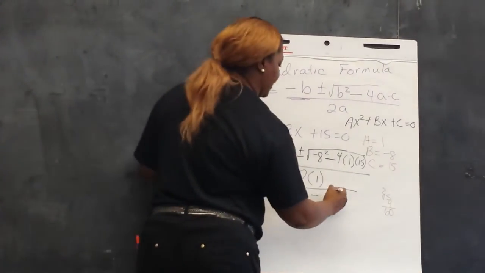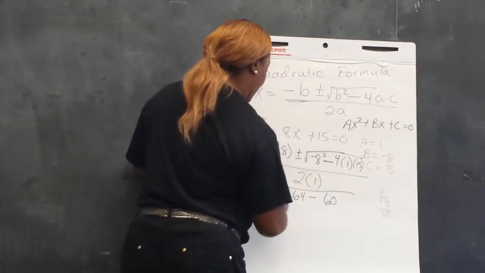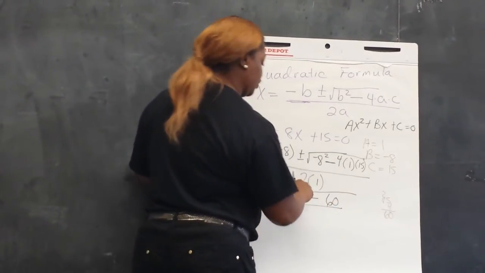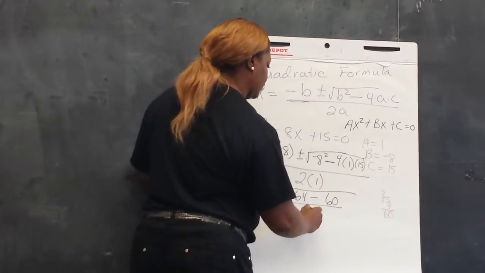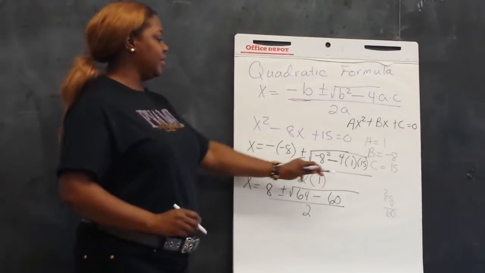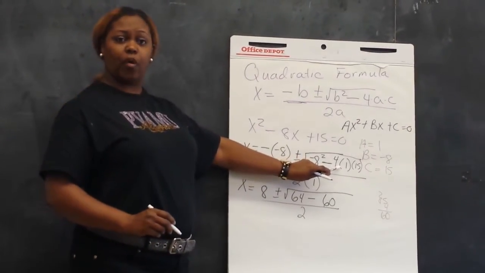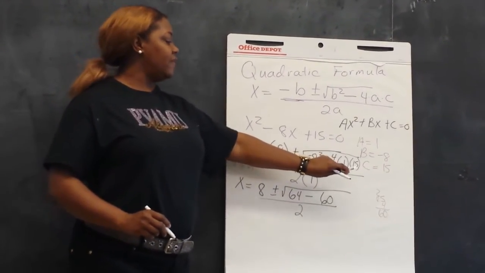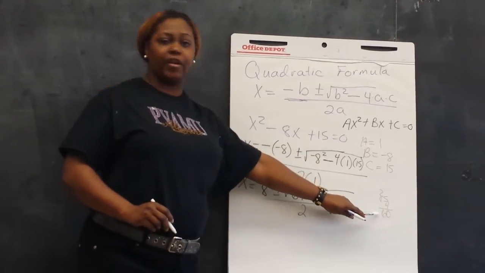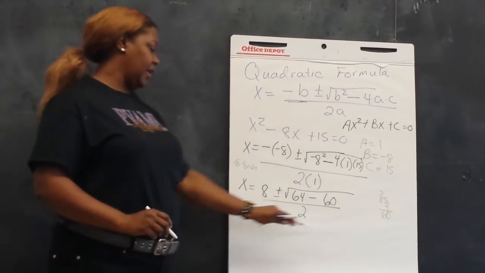Okay? Minus 60, all over 2 times 1, which is 2. So everybody understands, 4 times 1 is 4, and 4 times 15, I did over to the side for you. That gave me 60. Okay?